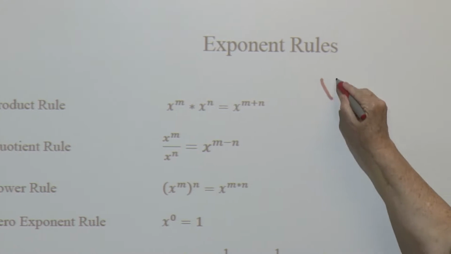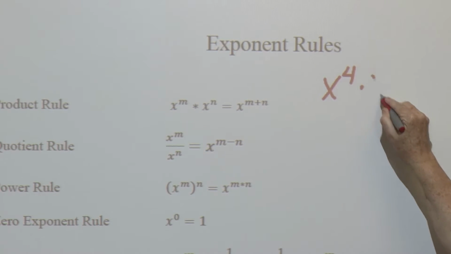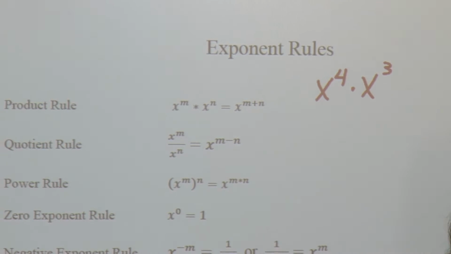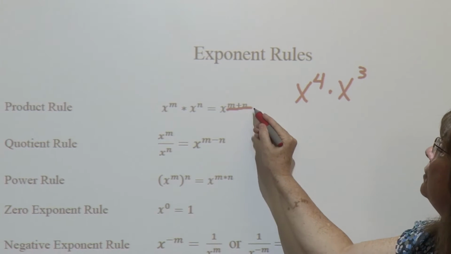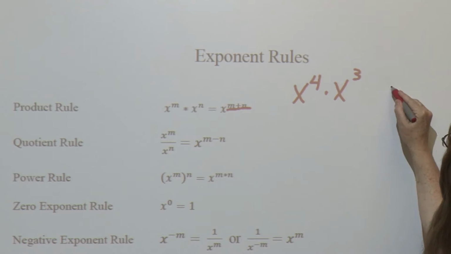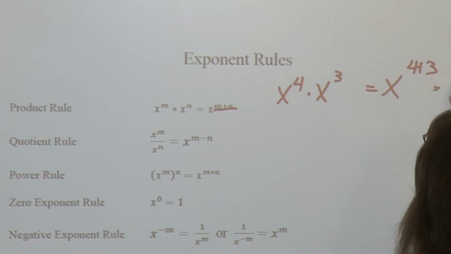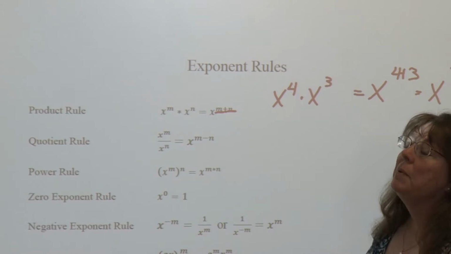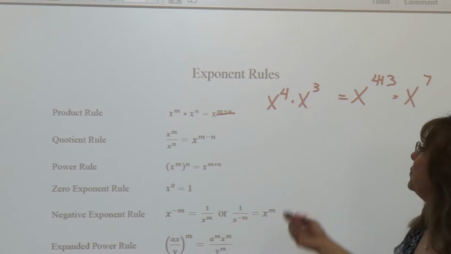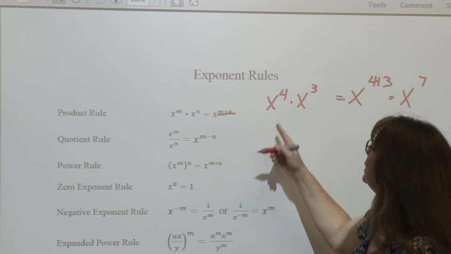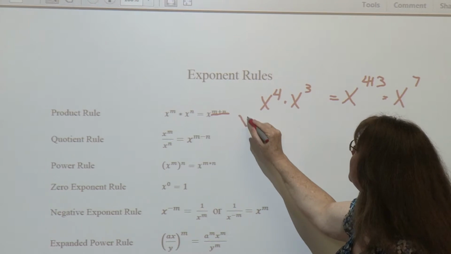So let's say we had x to the fourth power and I'm multiplying it with x to the third power. The rule tells me to go ahead and add my two exponents. So I would end up with x to the 4 plus 3, or 7, as my power. But what if I forgot the rule? Well, think about what that exponent means. It means I'm multiplying x with itself 4 times.